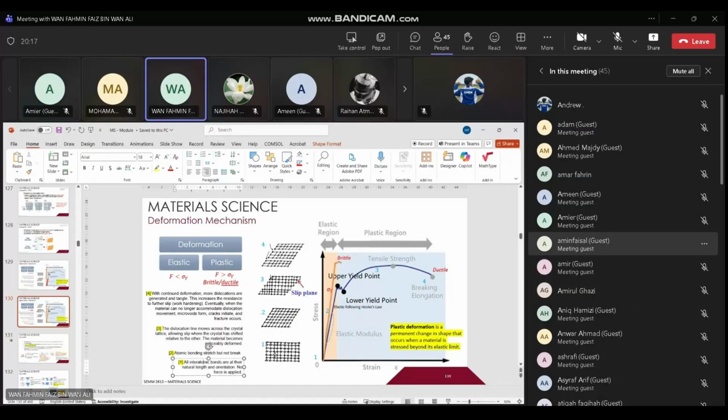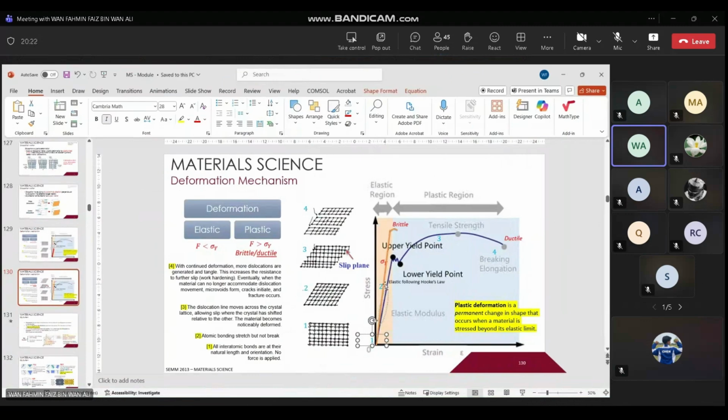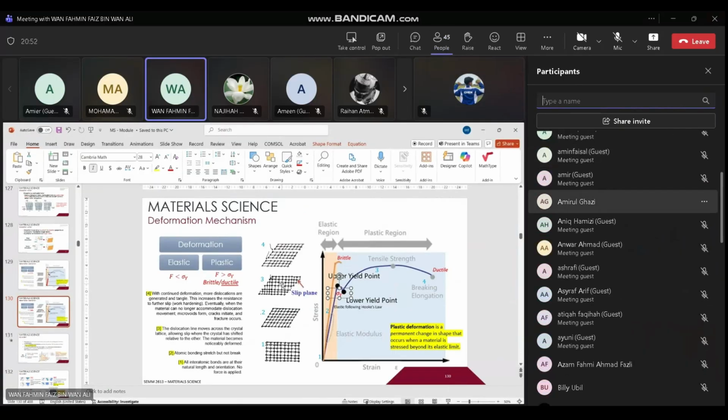The first criteria, you apply load at number 1. Number 2 is the same as before. I'm not going to explain number 1 and number 2, the same changes occur. But at point 3, the moment the load exceeds the yield stress, which technically marks the transition from elastic to plastic, you start to introduce extra half planes.